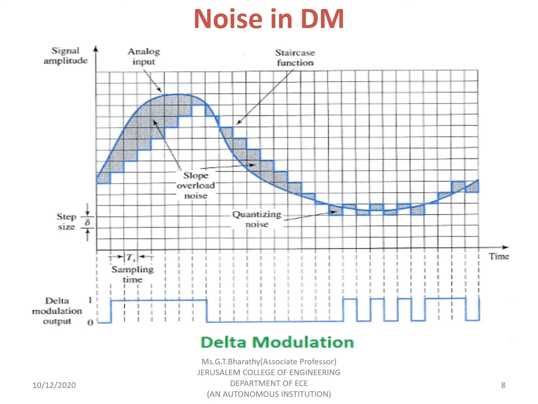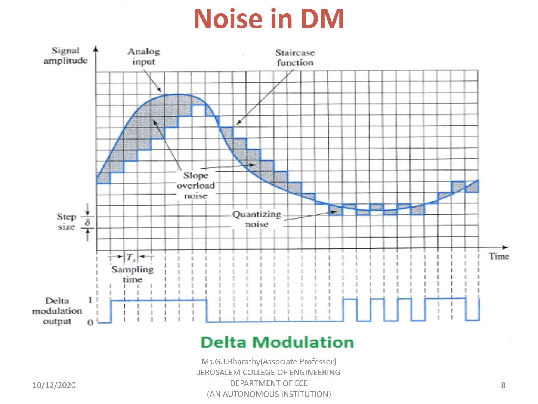Whenever there is a steep increase in the amplitude, once we fix the step size as delta, you can see there is a difference between the actual amplitude and the staircase approximated signal because of the step size that we fixed. Such an error we call slope overload noise.